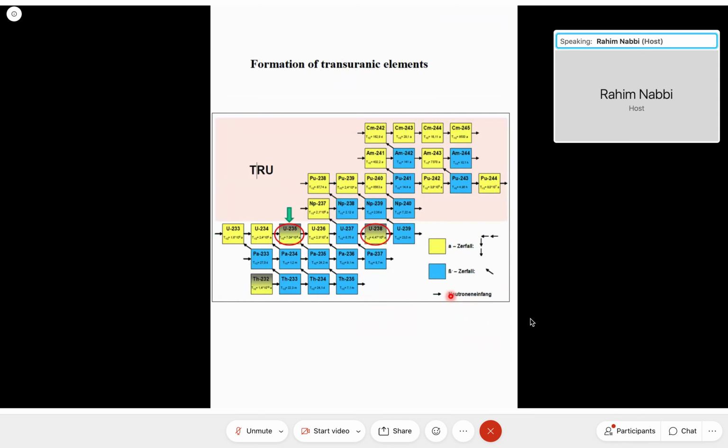Of course, because of the decay process, some new radionuclides would be produced too, depending on half-life and so on. And I said every individual nuclide has its nuclear characteristics.